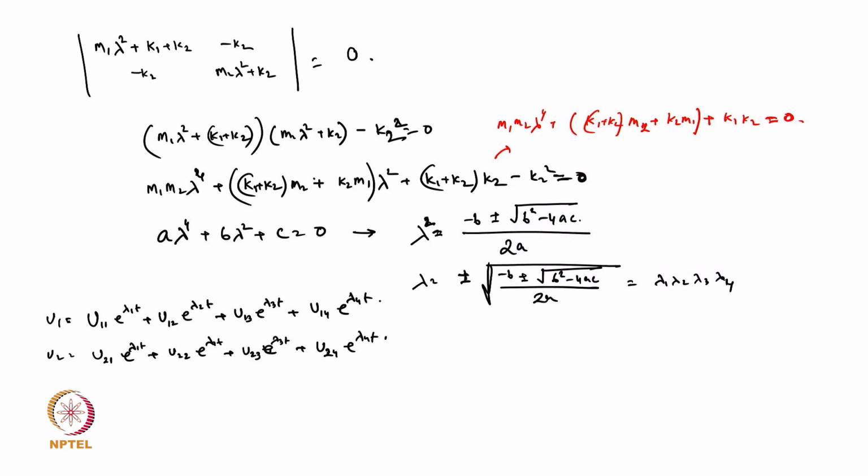Your C is k1 plus k2 and your A is m1 plus m2, and B is the bigger term, the more dominating term.